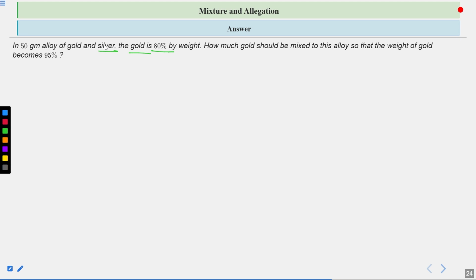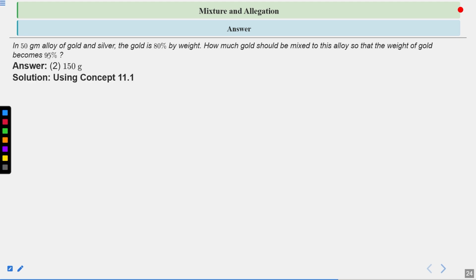It means the silver, which is 10 gram, should be 5%. So 5% of the total alloy equals 10 grams. What will be the 95% value? We can calculate it. The correct answer of this question is the second one, which is 150 gram.